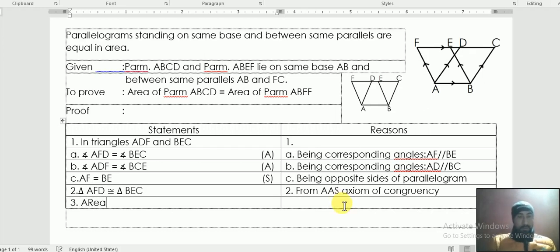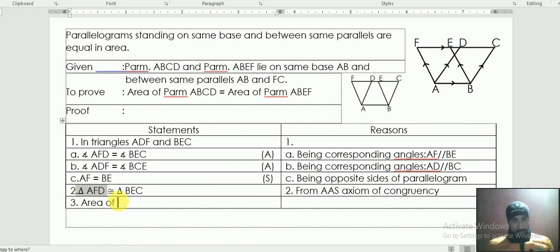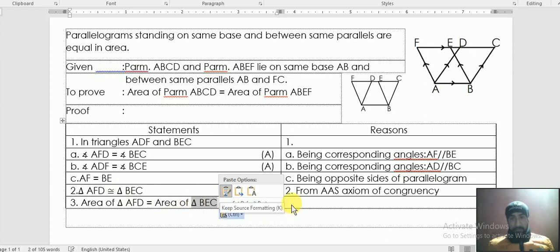So we write here: area of triangle AFD is equal to area of triangle BEC.